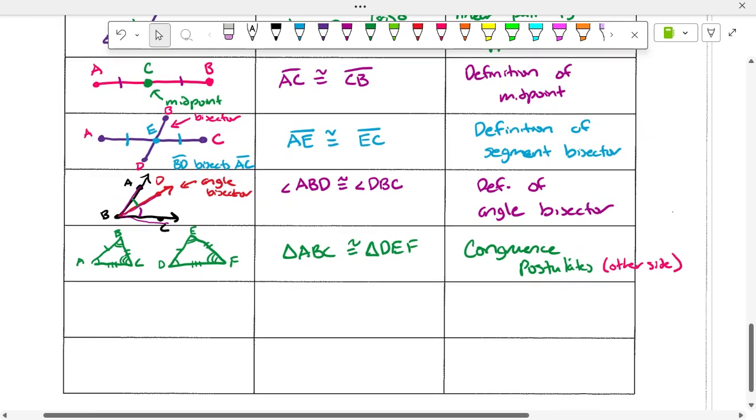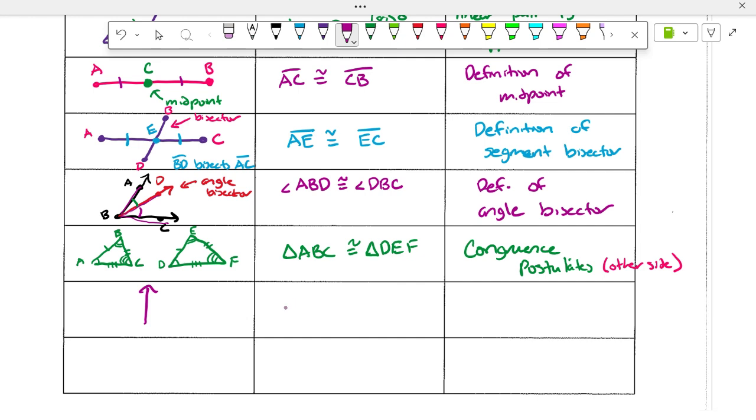Now, lastly, let's say that we're using the same picture from up top. And let's say that we said that side AB is congruent to side DE. So we already shown that the triangles are congruent.